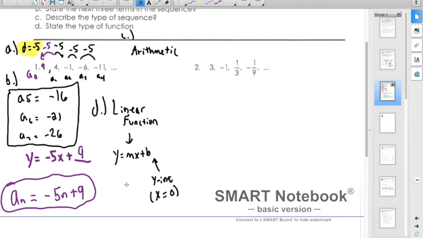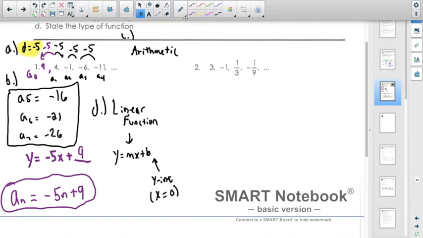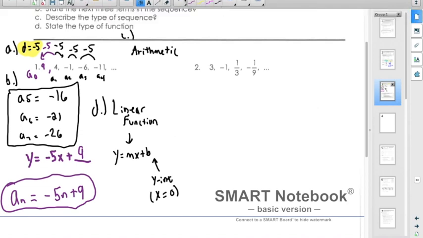And again, the way we got that 9 was by finding a sub 0, the 0th term. We found it to be 9, and that's where this came from. The negative 5n, that's my common difference.